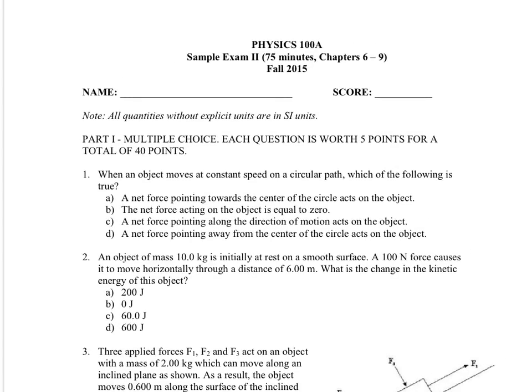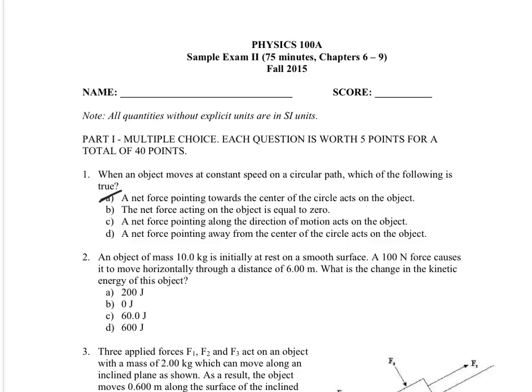So let's see that the others are not true. The net force acting on the object is equal to 0, in which case it will not be accelerated, so that's false. Net force pointing along the direction of motion acts on the object.